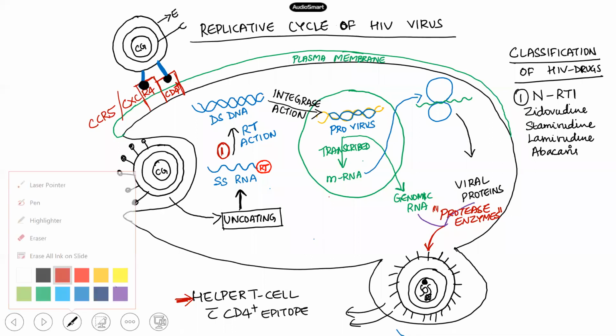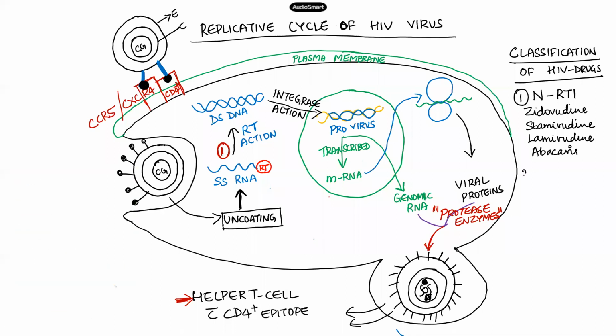The second group of drugs that we have for HIV are called non-nucleoside reverse transcriptase inhibitors. And the drugs here we have are efavirenz, then we have nevirapine, then we have delavirdine, and also etravirine.